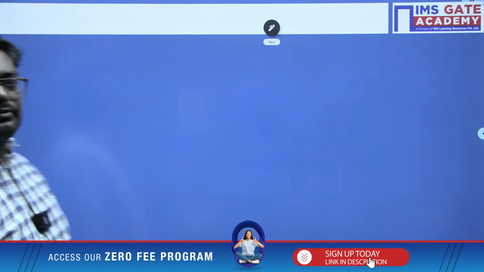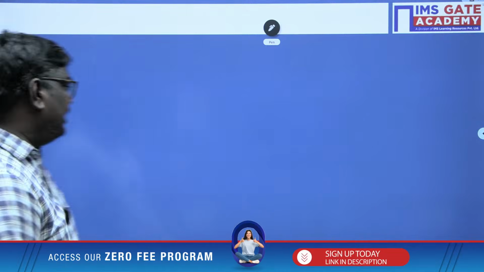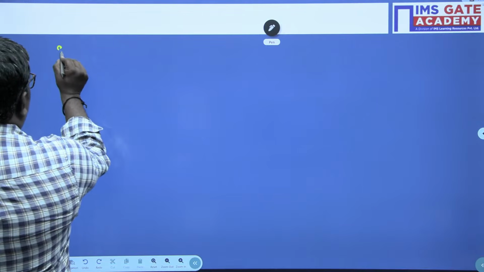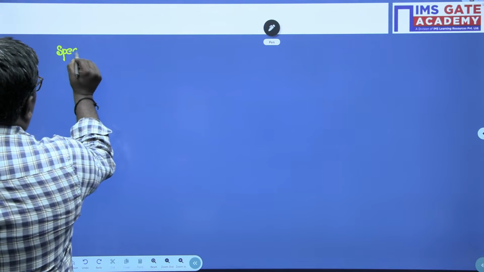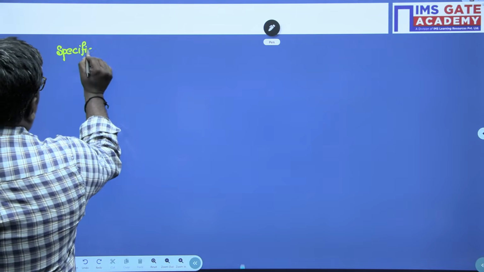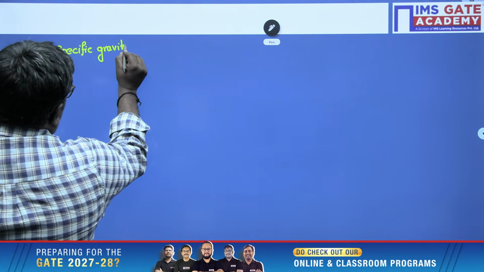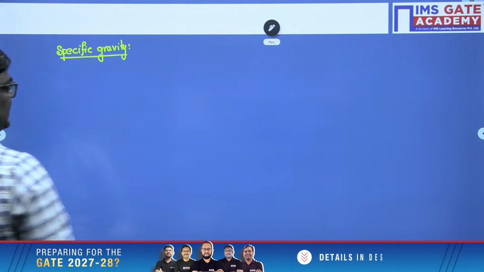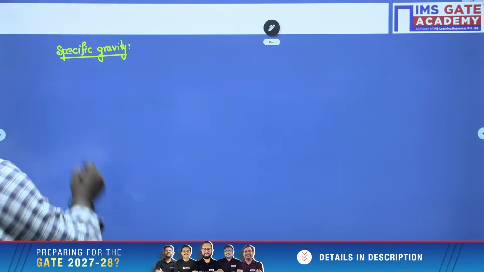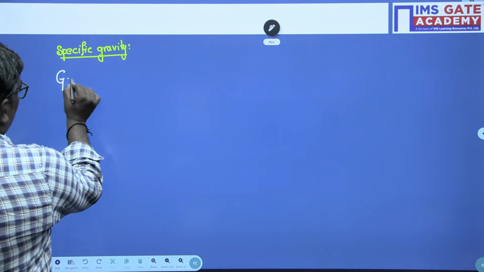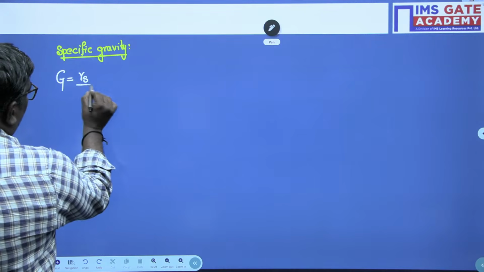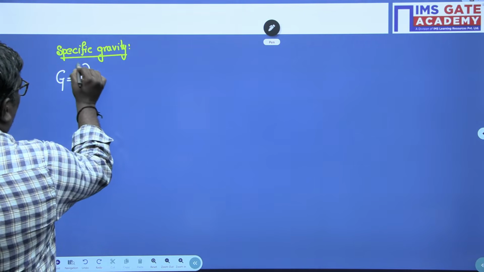Okay. Now see, students, we have a concept called specific gravity. Sir, what is specific gravity? Specific gravity is nothing but the ratio of unit weight of solids to the unit weight of water.